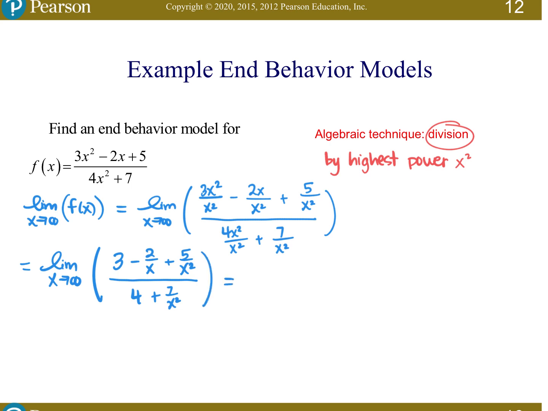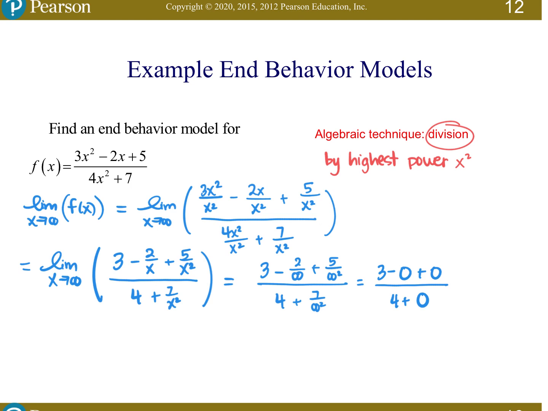Now we get to drop infinity into our model, so that would be 3 minus 2 over infinity plus 5 over infinity squared, and then 4 plus 7 over infinity squared. And when you're dividing by infinity, it's all a version of 0. So we have 3 minus 0 plus 0 all over 4 plus 0.